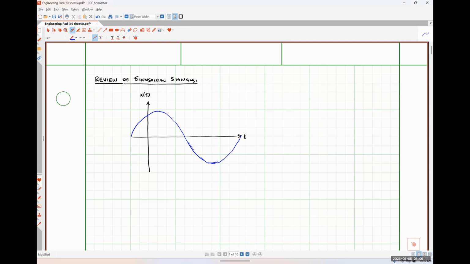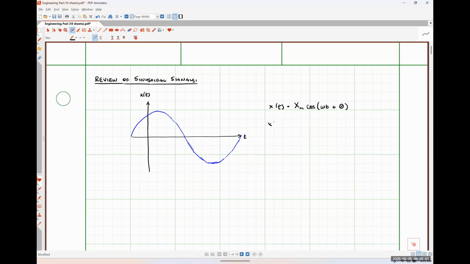So something akin to this, where I can choose to express this signal, X of t, in one of two ways. I can either express it as a cosine function. So I'm going to have something like X sub m cosine omega t plus some phase angle theta.